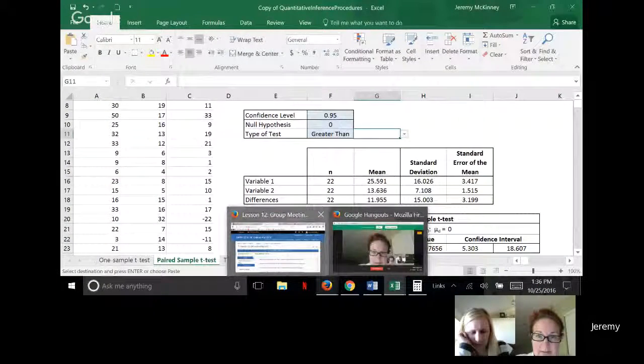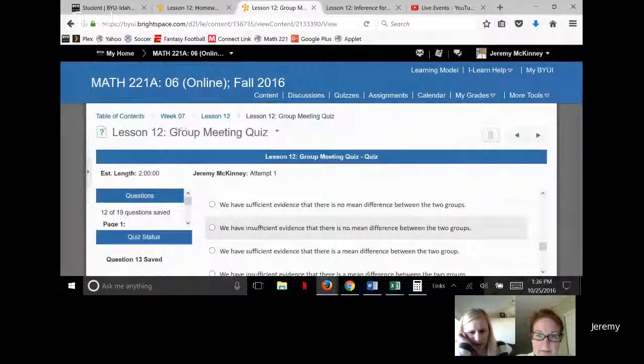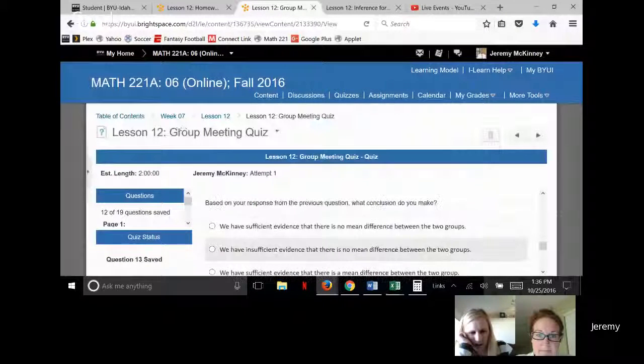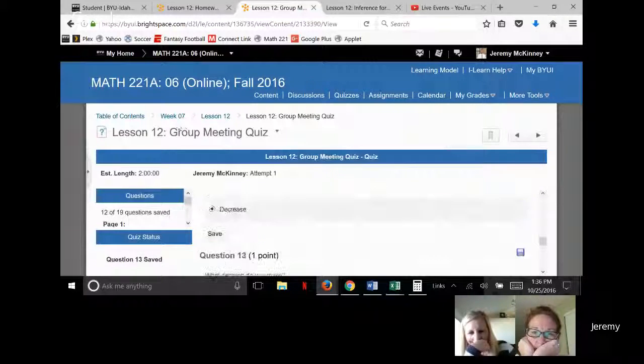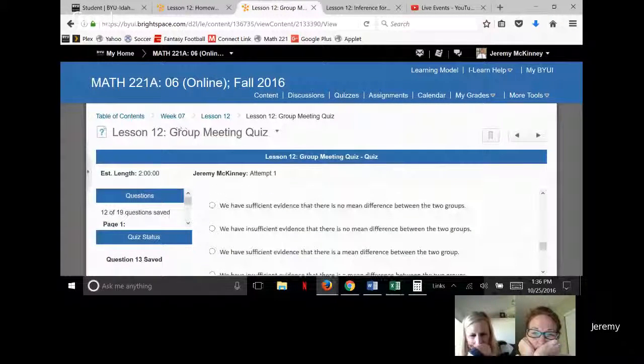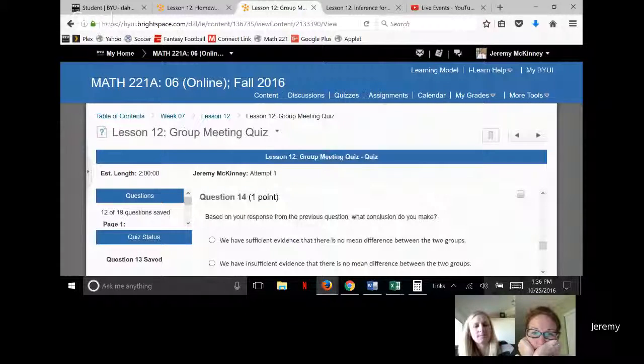Are they talking about the difference between group 1 and group 2, or between the first set and the second? I believe all these questions are just for the second set, because it says so. So it must mean just between whether it's not equal to or greater than.